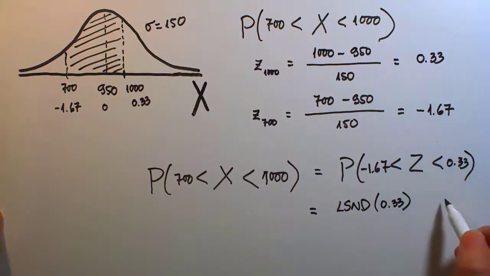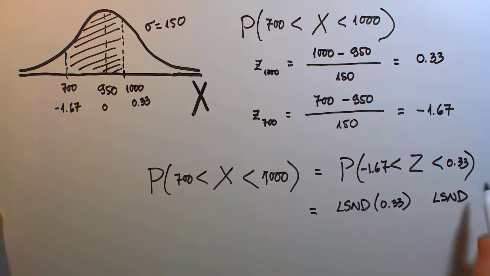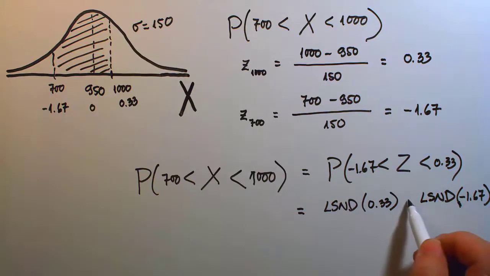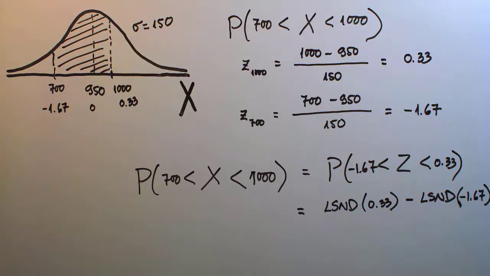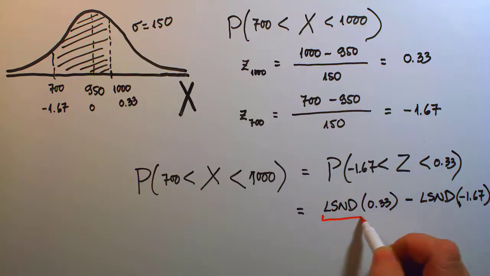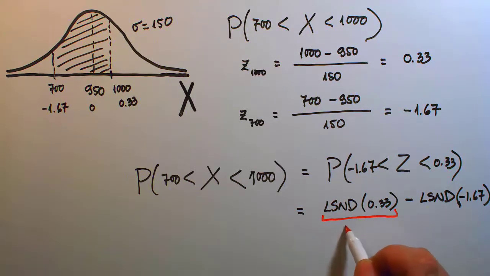And I will also run my program again for z-score negative 1.67 and subtract the two answers. Remind yourself from my earlier videos on the standard normal distribution that this answer from the LS&D program gives us what's called the bigger area.